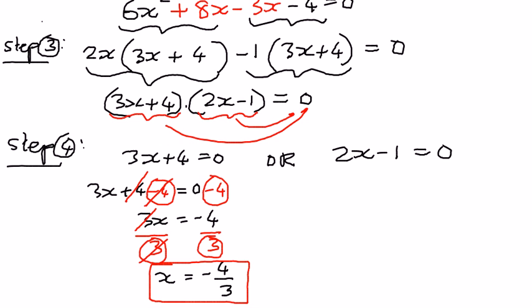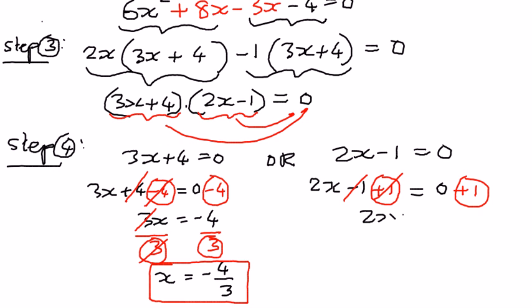We can write this as 2x minus 1 plus 1. We are adding plus 1 to both sides of the equation, like that. And then positive 1 and negative 1 cancel out, leaving us with 2x is equal to 1. We want to find the value of x, so therefore we're going to divide by 2 on both sides.